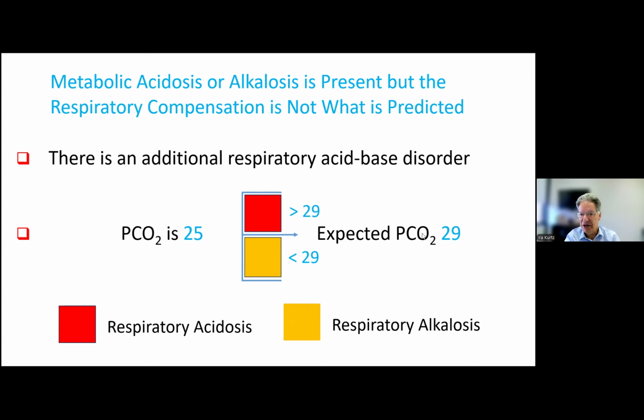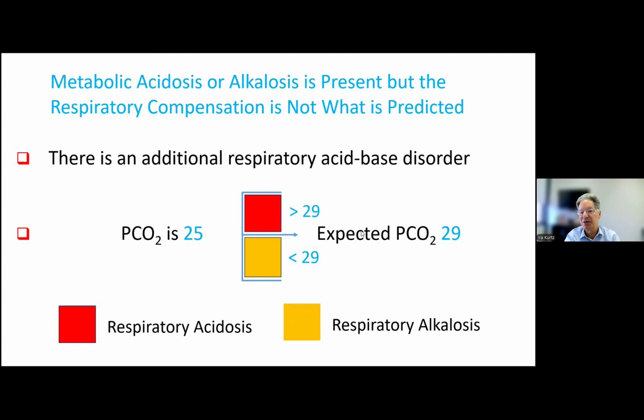There's some error here, but we'll just say everything above 29. In the real world, you would expect everything maybe above 31, maybe plus or minus 2. But be that as it may, just for explanatory purposes, the important teaching point is that everything above 29 in the red you call respiratory acidosis, and everything below 29 you call respiratory alkalosis.